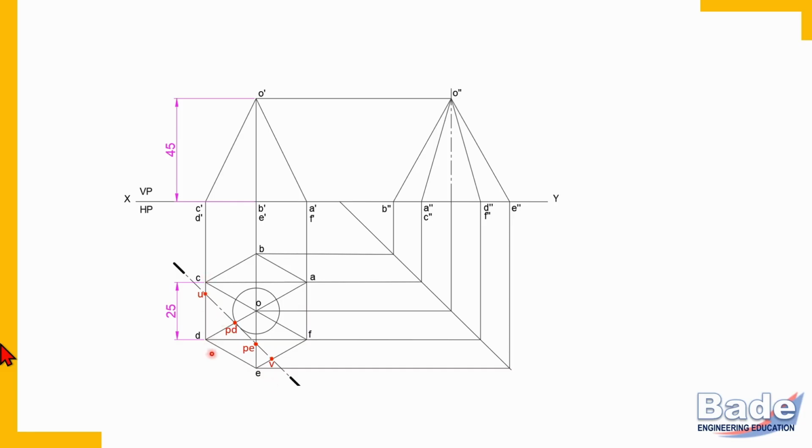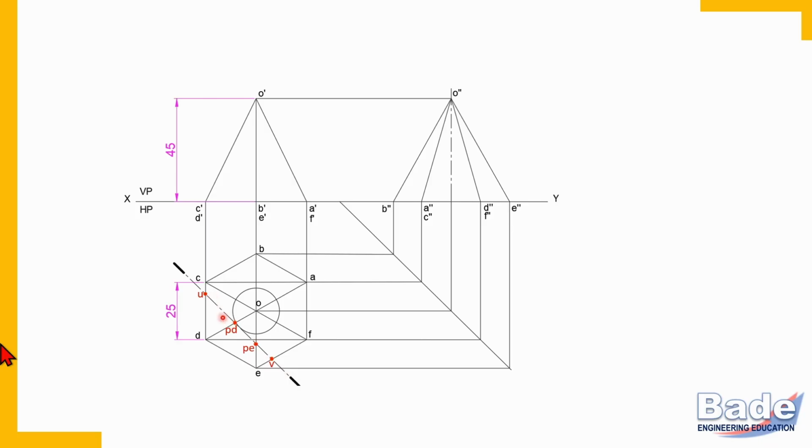Point U is on edge CD. Point V is on edge EF. Remember, the points of intersection on face edges you label with letter P. And the points of intersection of base edges and the cutting line you should label with letters U and V. And also remember, when the cutting plane intersects the base, it always intersects two base edges.